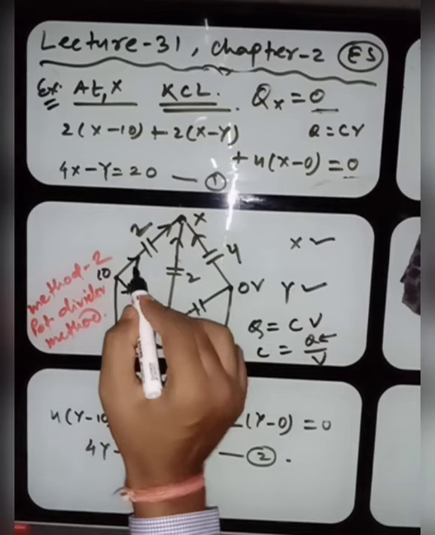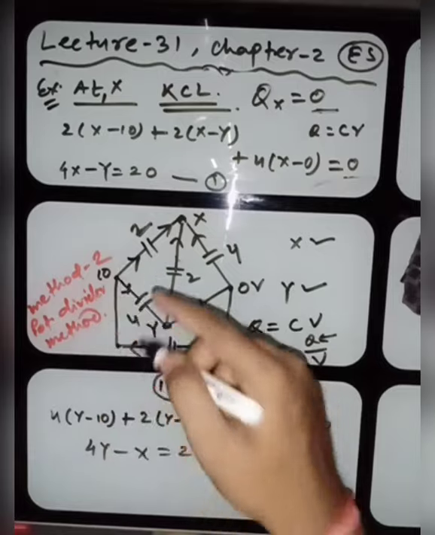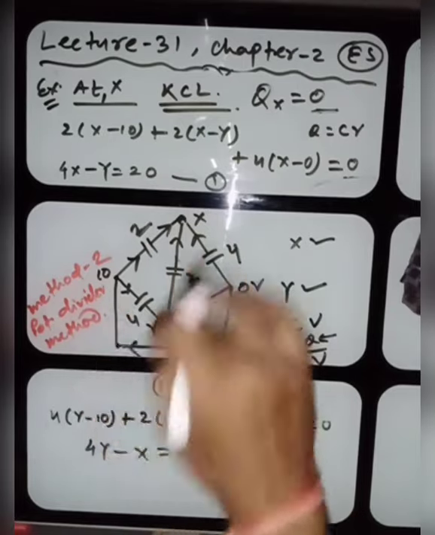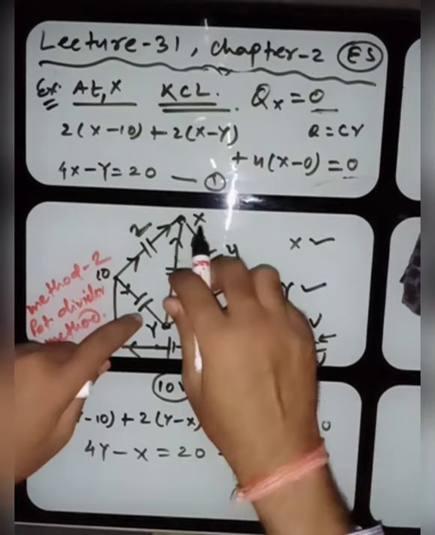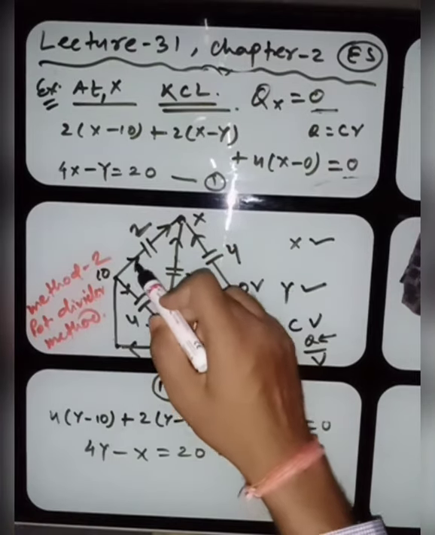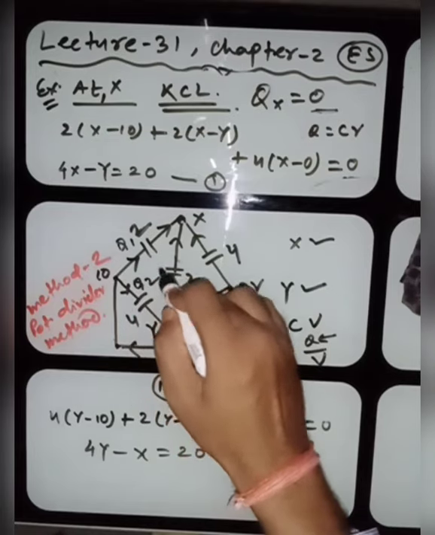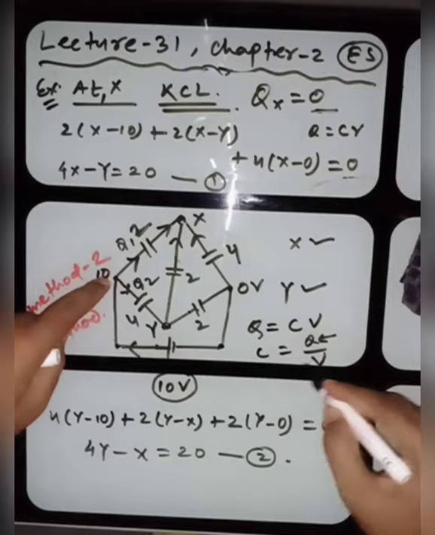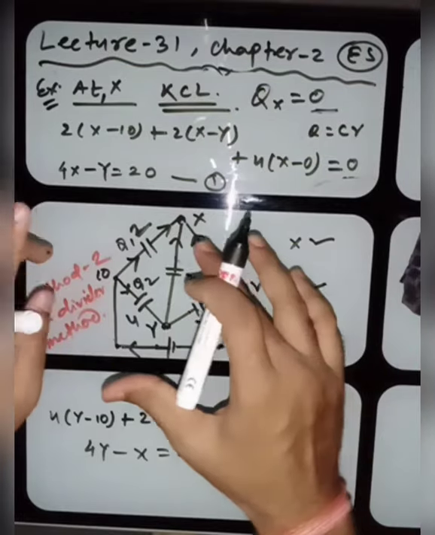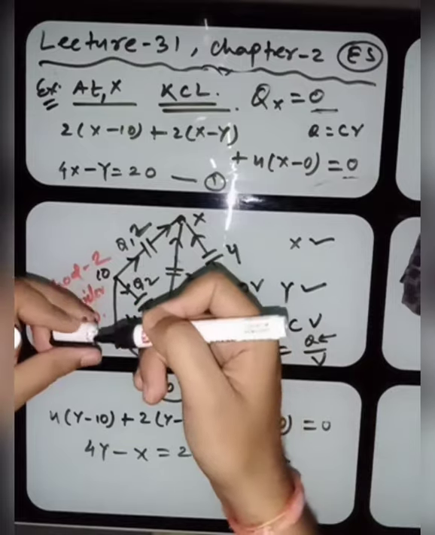So you have to find the charge over this one and this one, and sum up the two charges to get the net charge of this circuit. After knowing the values of x and y, you will find the charge over here, suppose Q1, and the charge over here, suppose Q2. By adding Q1 and Q2, this will be Q, and dividing by V you will get the equivalent capacitance. My dear students, this is the voltage divider method.